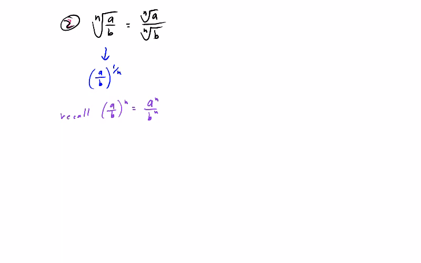So with that in mind, we can apply the same logic here. If I have 1/n of a factor of the ratio a over b, I must have 1/n of a factor of a, and I must have 1/n of a factor of b. And translating it back up into radical notation, it makes sense that we could take the fraction underneath the radical and break it into two radicals.